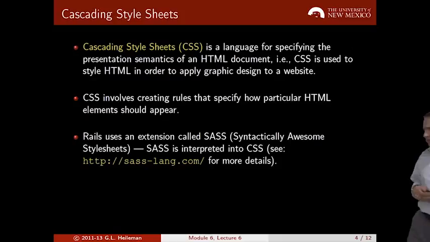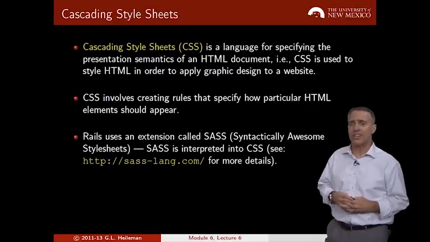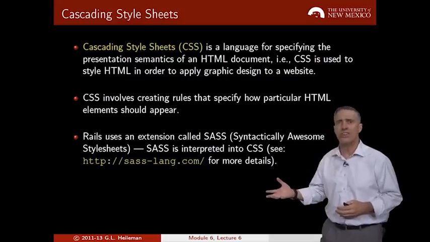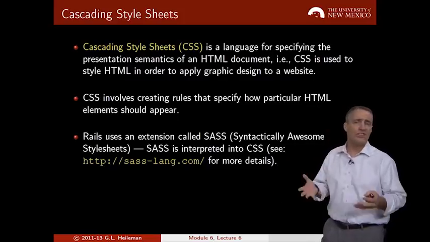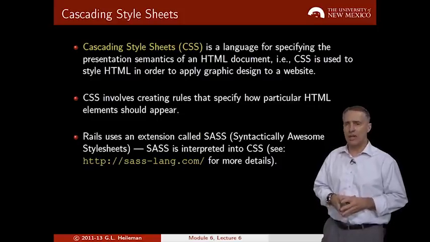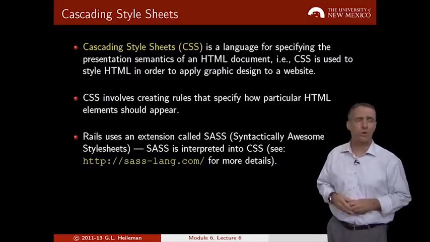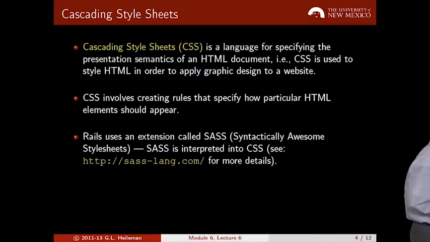And in Rails, there's an extension called SASS, which stands for Syntactically Awesome Style Sheets, that's actually used. SASS is interpreted into CSS, so if you use CSS in place of SASS, it'll work fine. SASS has a little bit cleaner syntax, so if you'd like to learn it, I've provided a URL for you, but I'm just going to work with CSS for now.